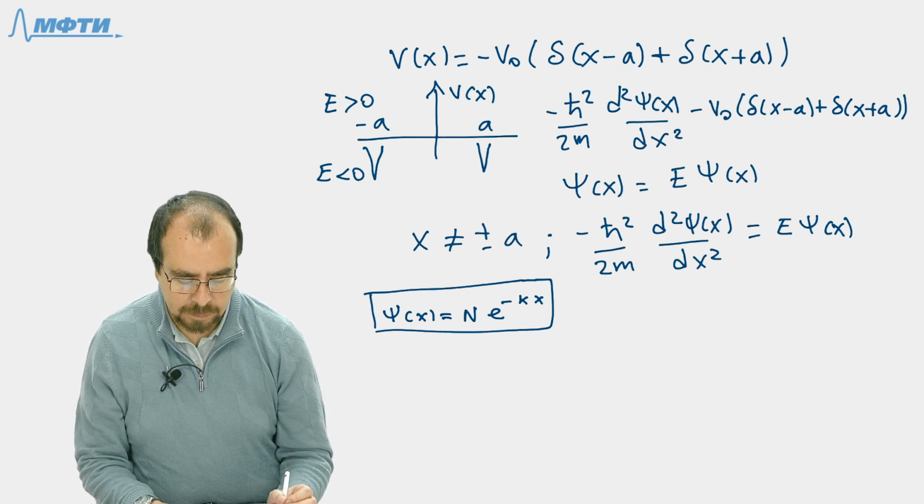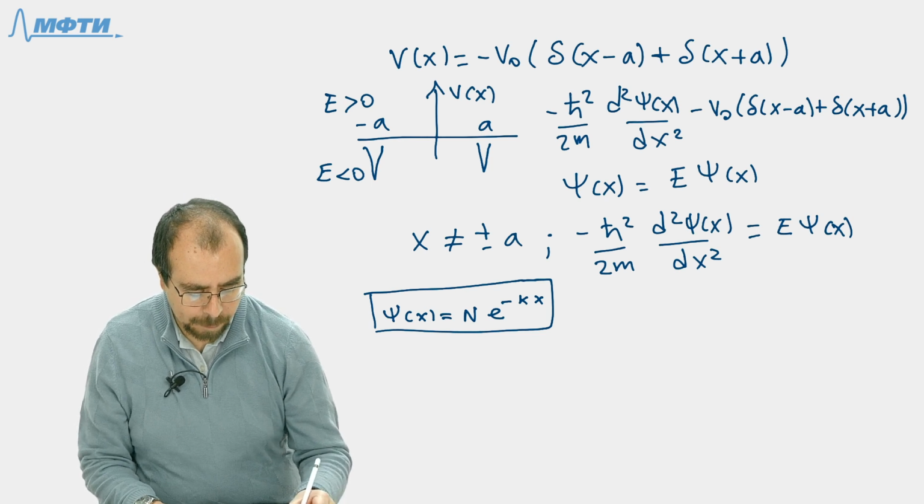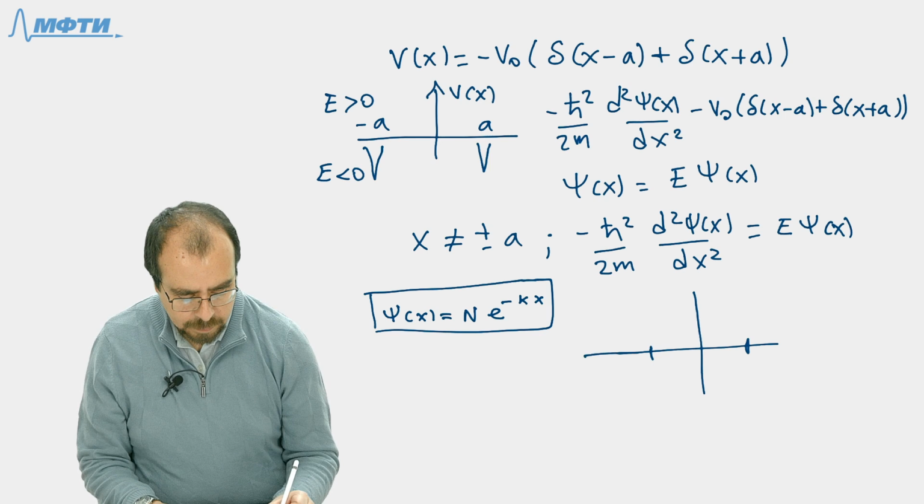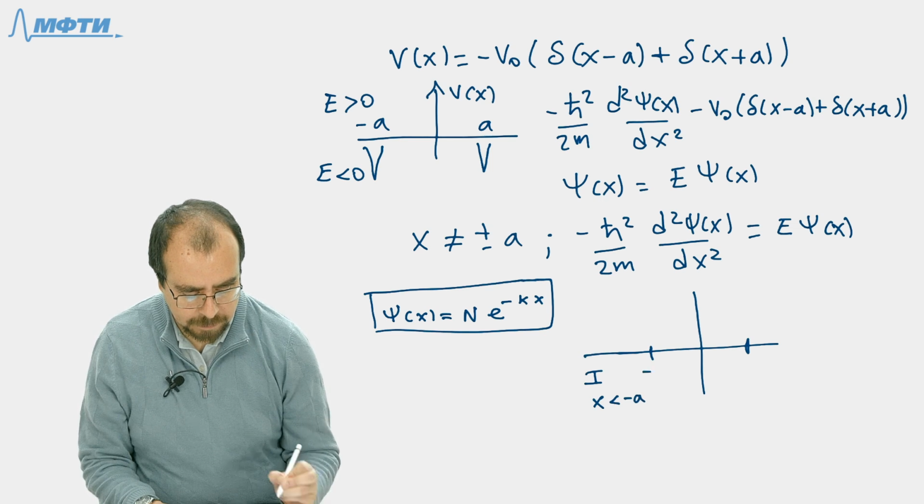So if we separate the regions of our system into 3, the first region will be x smaller than minus a.